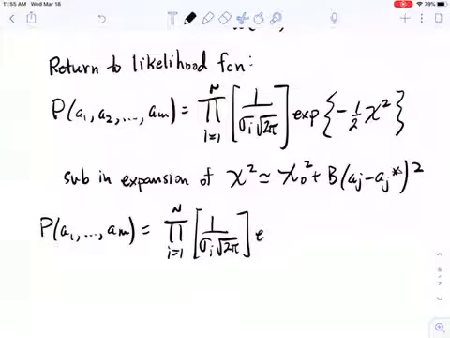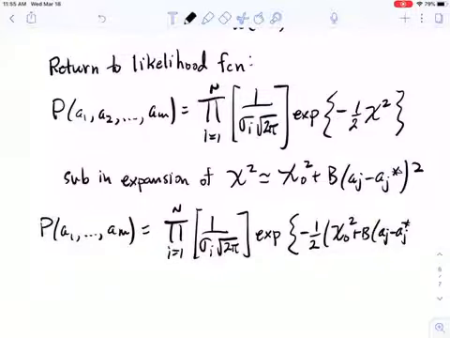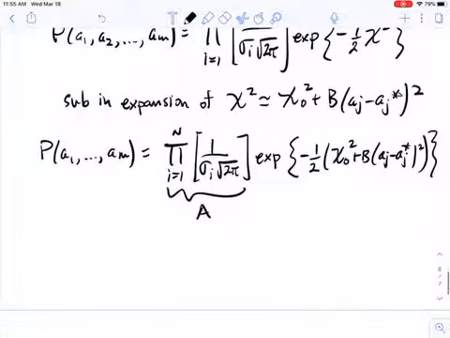So then we get exponential of minus 1/2 of chi0 squared plus b aj minus aj star squared, like so. Like I said, we're not going to be that interested in this prefactor, and so we'll just call it some constant a.